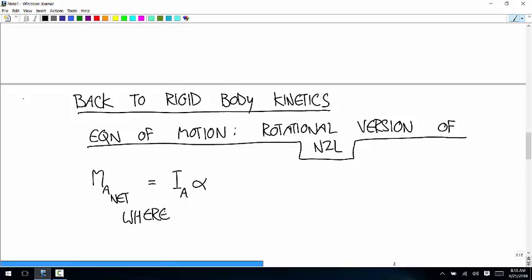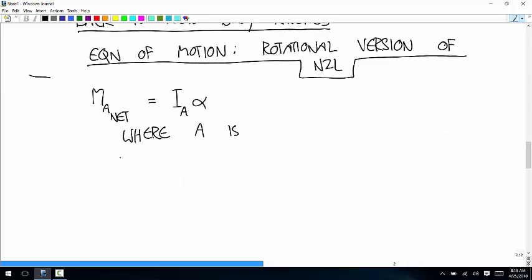And there are two restrictions on what this point A is. First, it can be a fixed point, like a hinge connected to the ground. It has to be fixed in your coordinate system.